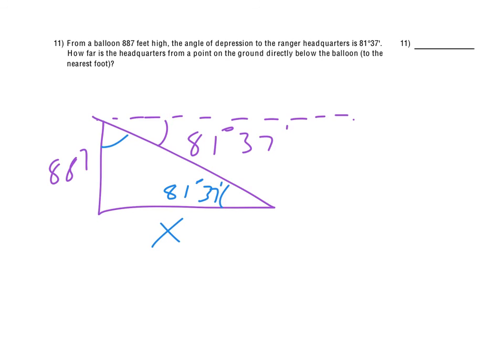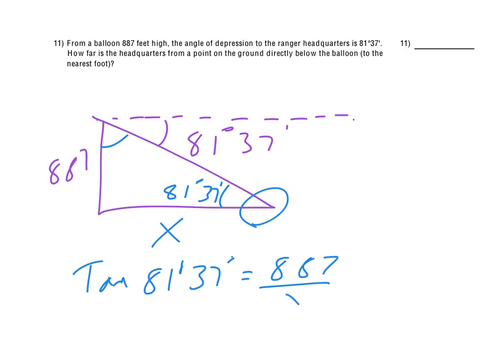So, again, if I'm working from this angle now, then I have the opposite and I want to find the adjacent. So there's my tangent function again. So tangent of 81 degrees 37 minutes equals the opposite 887 over x. So again, I would multiply both sides by x. I would cancel those out on that side, and then divide both sides by the tangent of 81 degrees 37 minutes.